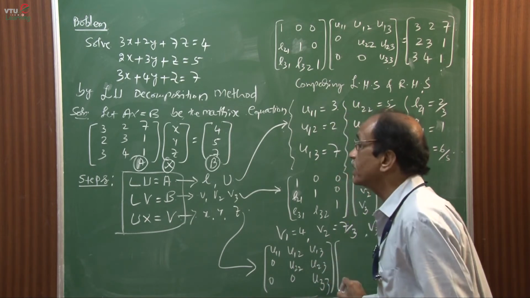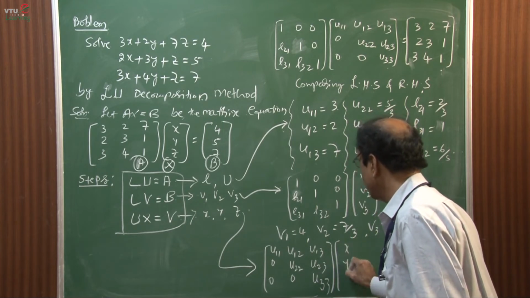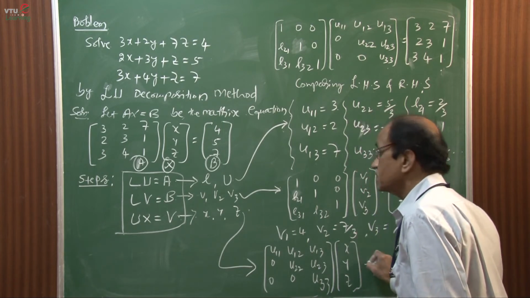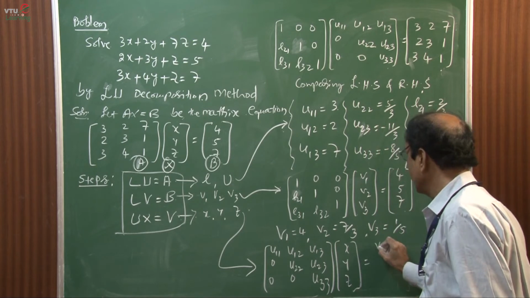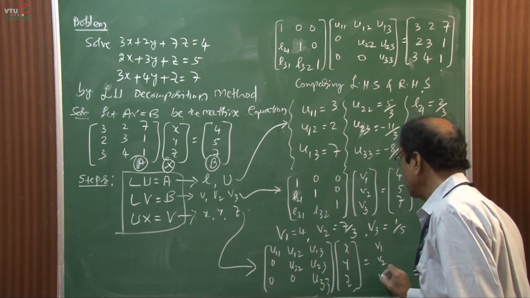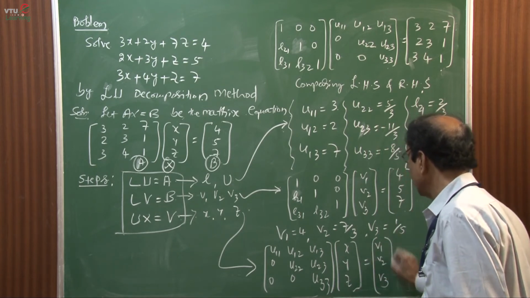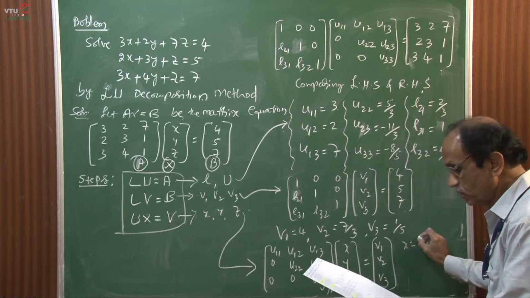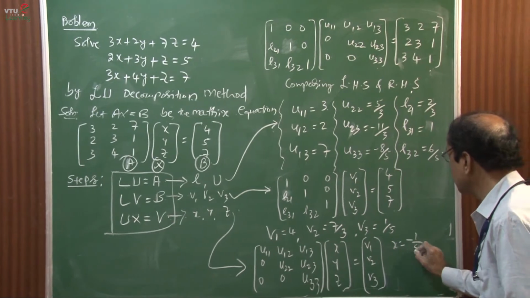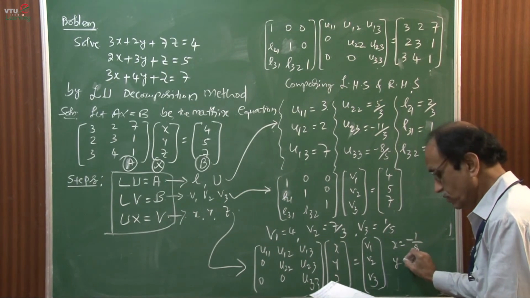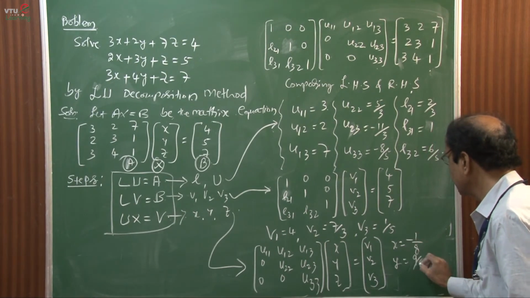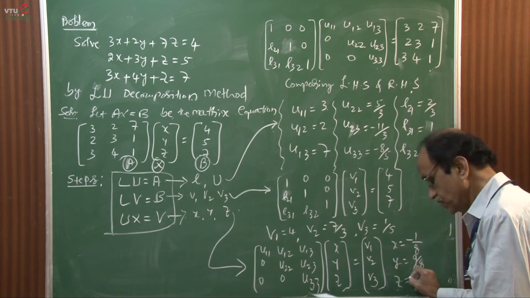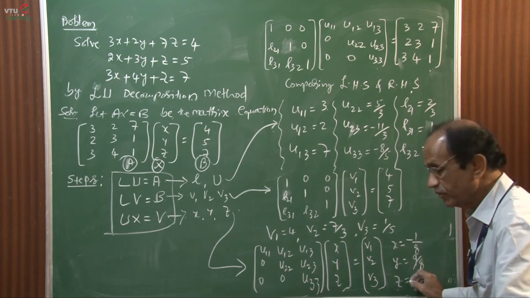This is multiplied by X, Y, Z and equated with V1, V2 and V3. Already all the values are calculated. Here this gives X equal to minus 1 by 8, Y equal to 9 by 8 and Z equal to 7 by 8.